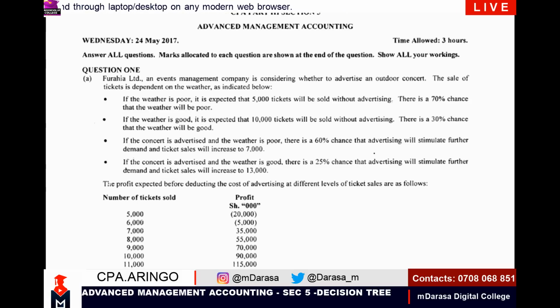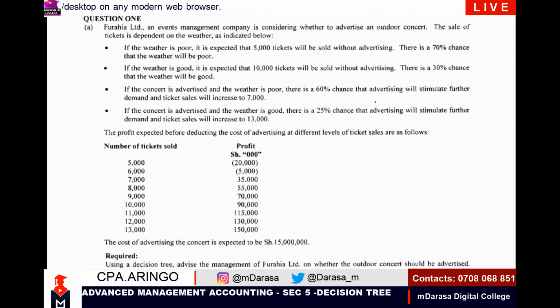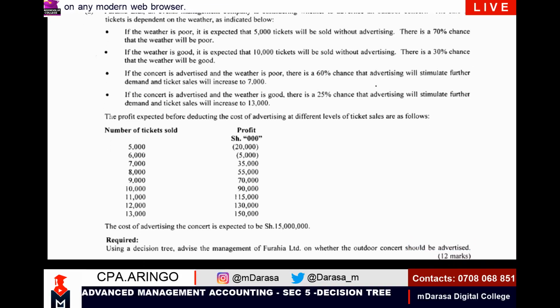Go to the next point here. We are told that the profit expected before deducting the cost of advertising at different levels of ticket sales are as follows, where in that case I'm given the number of tickets sold and the corresponding profits, correct?